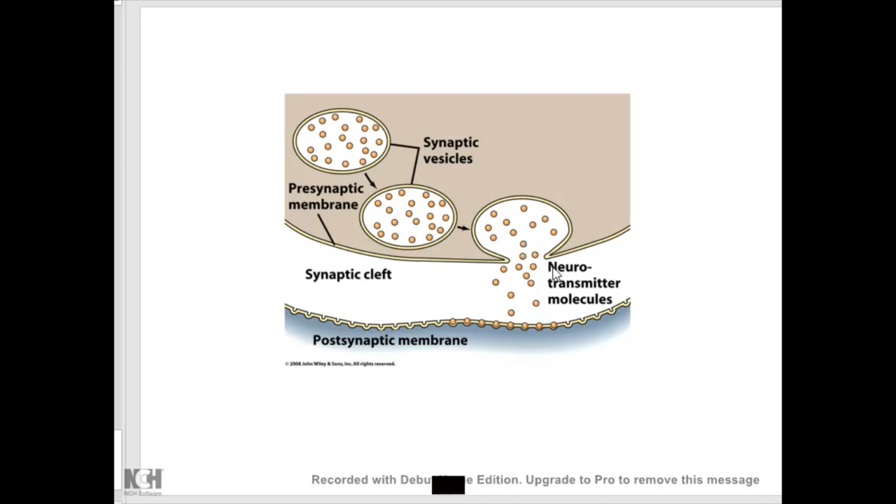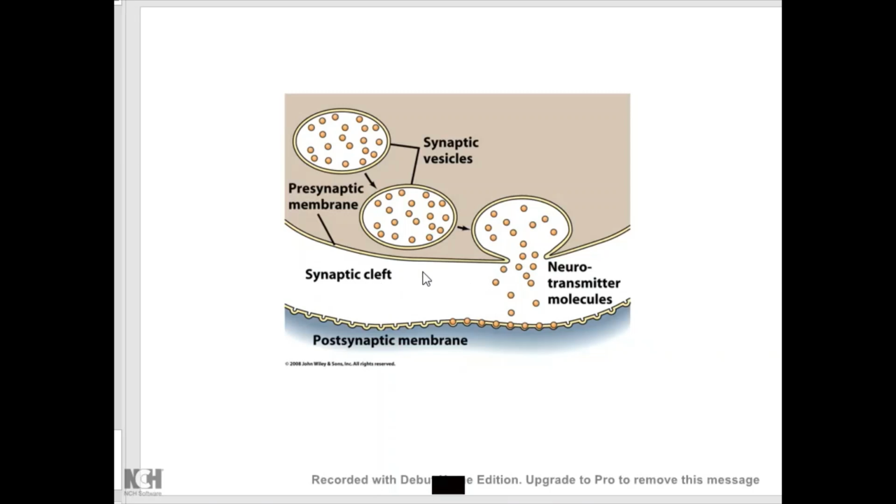What happens here is the neurotransmitter binds to the postsynaptic membrane and triggers an action potential. In fact, the rate of signal transduction, in other words, how many signals can be transduced during, let's say, 1 second, depends on how quickly the neurotransmitter is cleared out from this synaptic cleft.